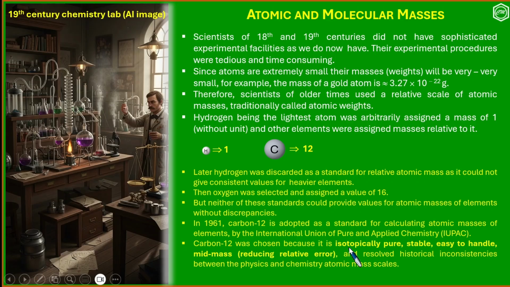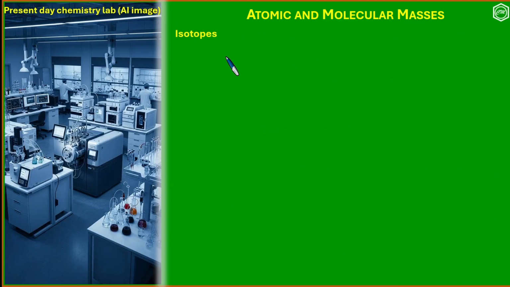Carbon-12 was chosen because it is isotopically pure, stable, easy to handle, and mid-mass, that is, reducing relative error, and it resolved historical inconsistencies between physics and chemistry atomic mass scales. Mid-mass means lighter than most metals, heavier than hydrogen. That minimizes rounding errors in relative mass comparisons.